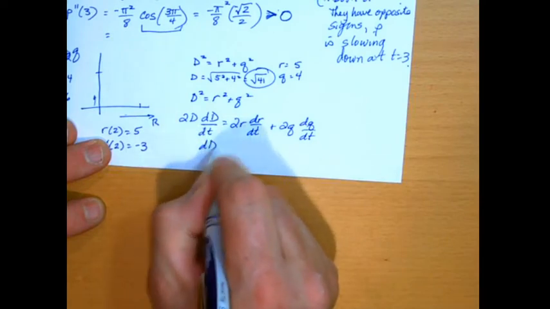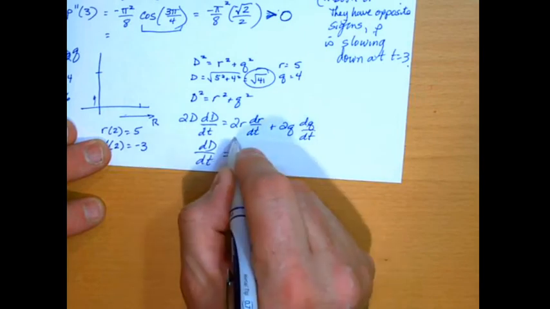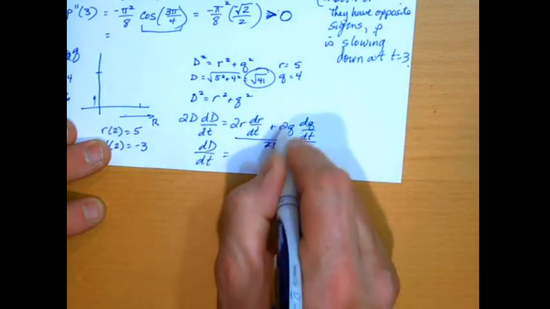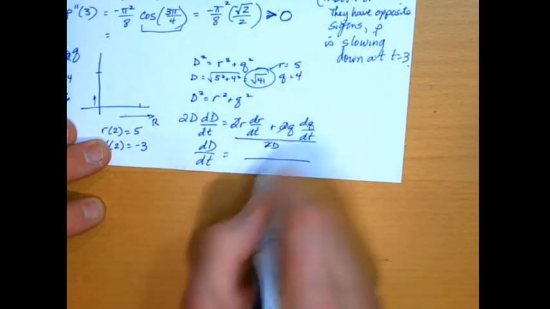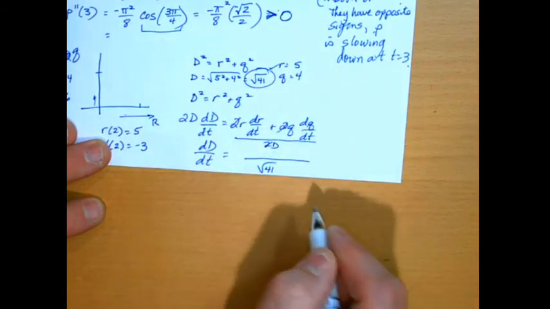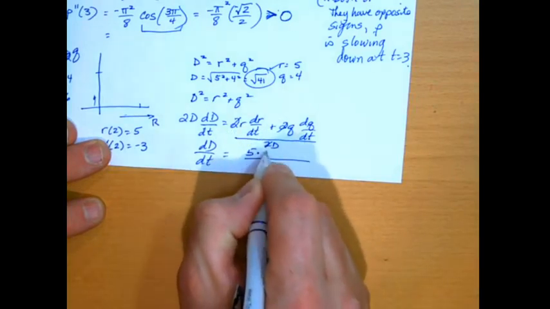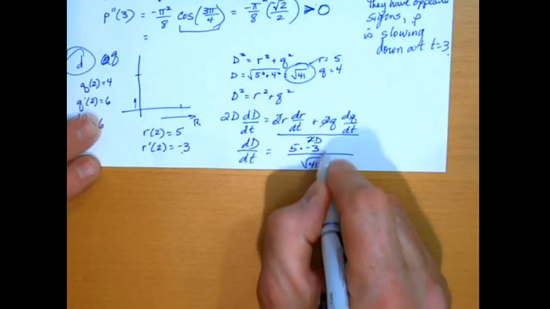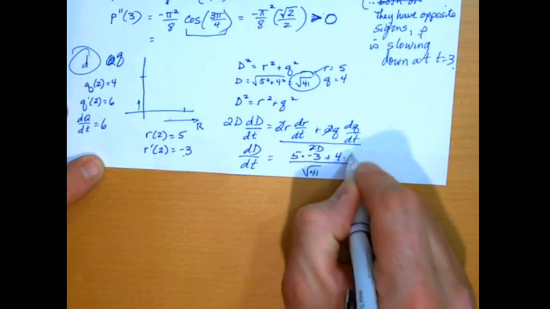We're looking for dD/dt, and if I divide by 2D down here, these 2's cancel. So basically, if I have D, which is right there, the square root of 41, I have r is 5, with a rate of -3, and I have q, which is 4, and a rate of 6.